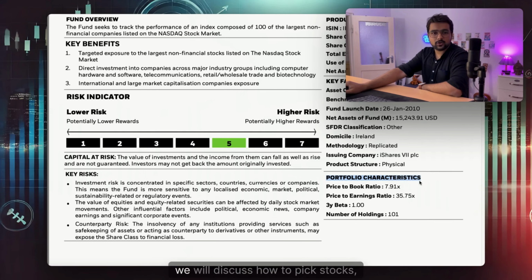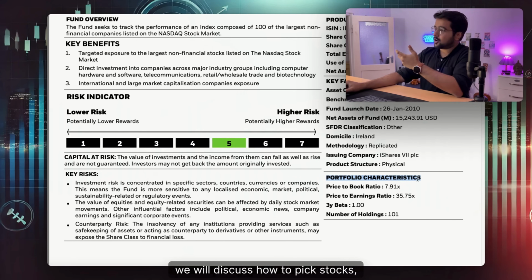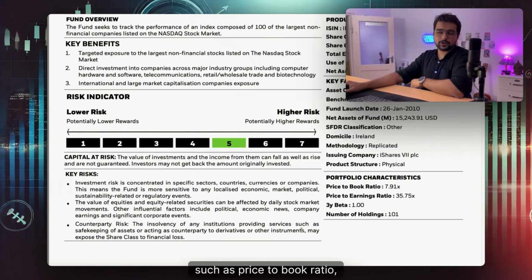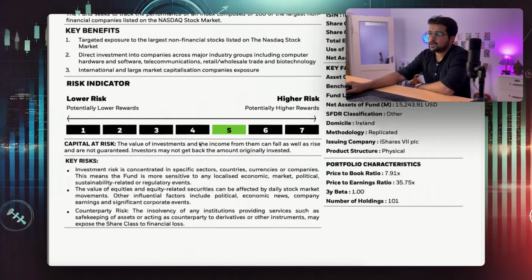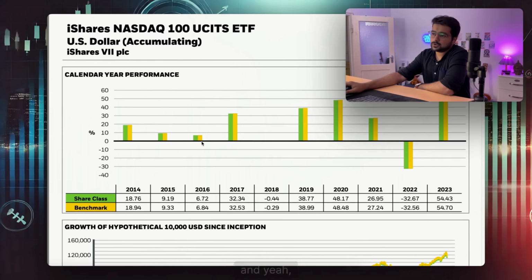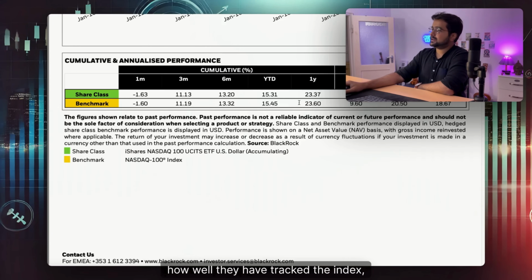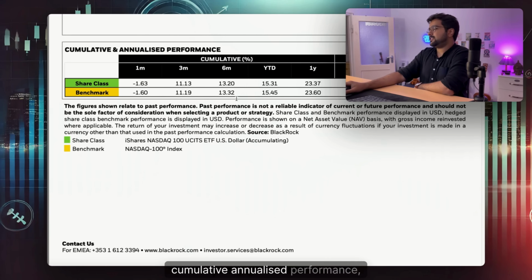So in our next video, we will discuss how to pick stocks, and that's where we will talk about the meaning and the relevance of these terms such as price to book ratio, PE ratio, and so on. And yeah, here you can get some more information, like how well they have tracked the index, cumulative annualized performance, and so on and so forth.